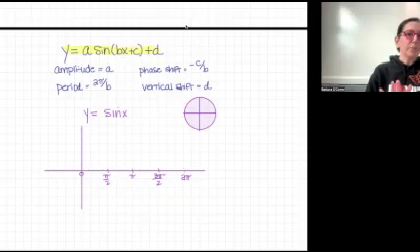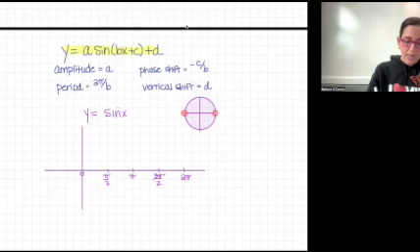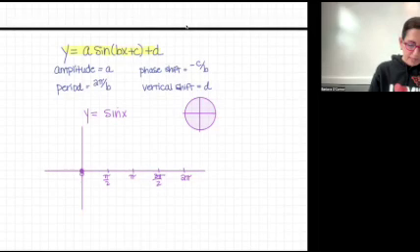So let's look at the basic no-frill sine function. Because the sine, or the y value, remember sine is y, is 0 at 0, pi, and 2 pi, we're going to cross this midline at 0, pi, and 2 pi.